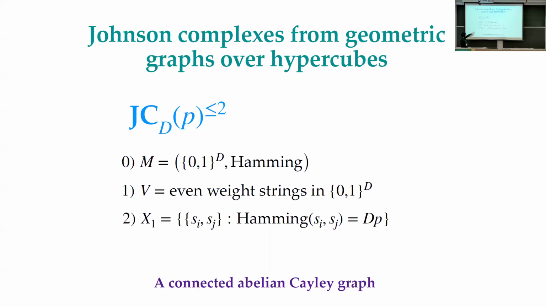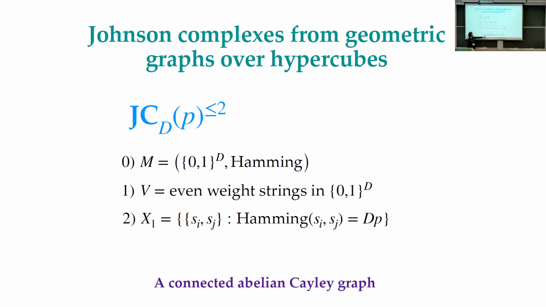So now we get a graph, and this graph is a connected Abelian Cayley graph. One thing I should say: I'm specifically only considering parameters d times p that are even. So all the even Hamming weight strings can be connected to each other in that way.